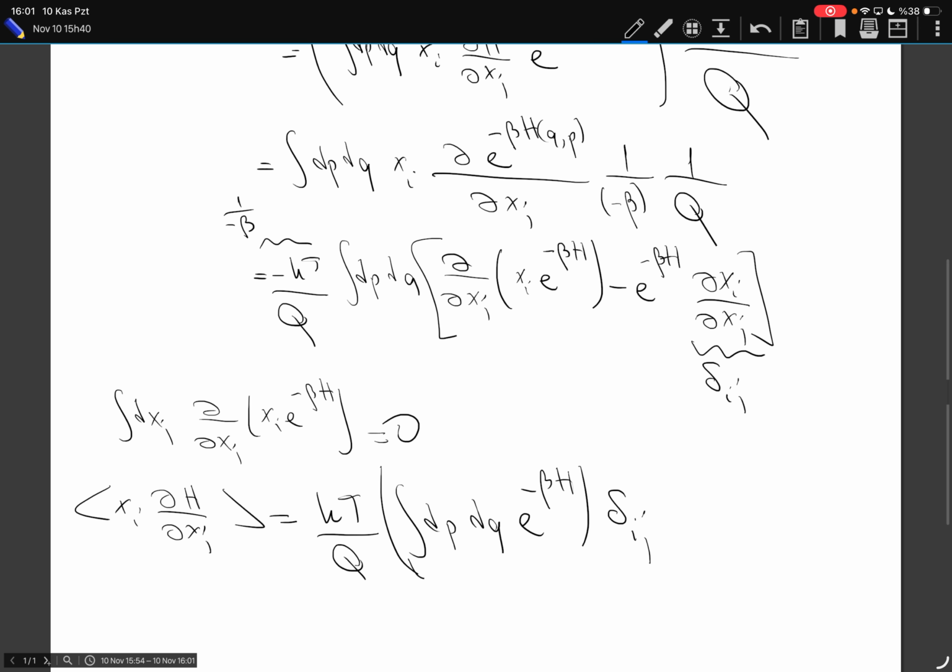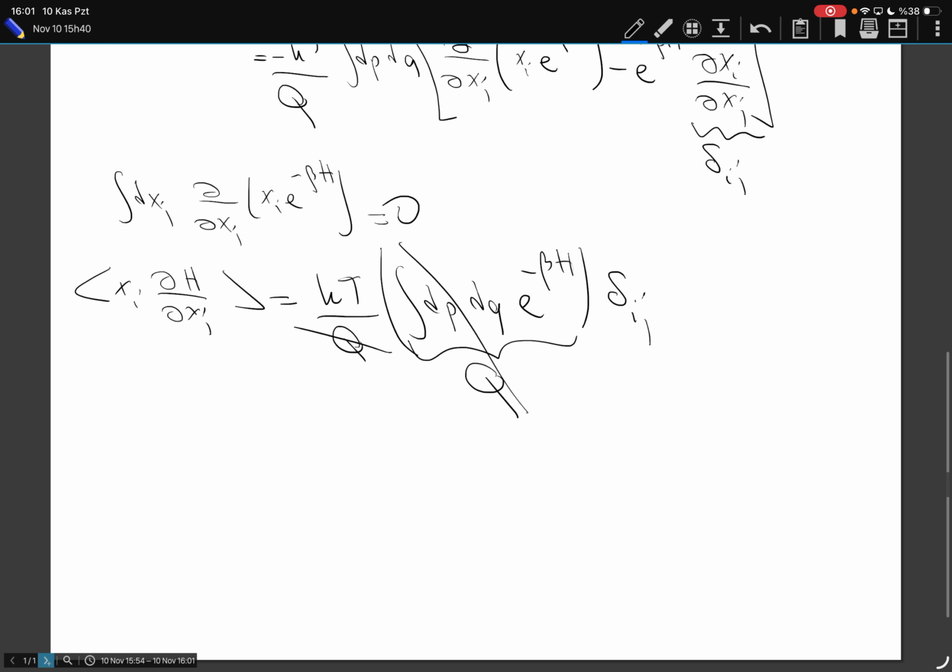But this integral over there is nothing but Q. So the Q's cancel. What this gives us is x_i ∂H/∂x_j is equal to kT Kronecker delta ij.